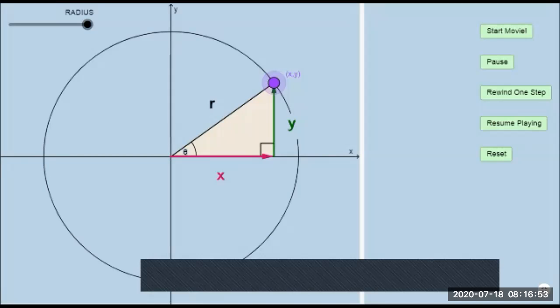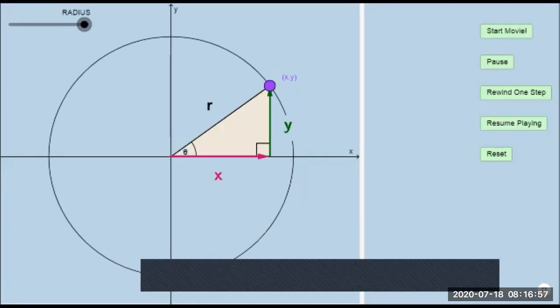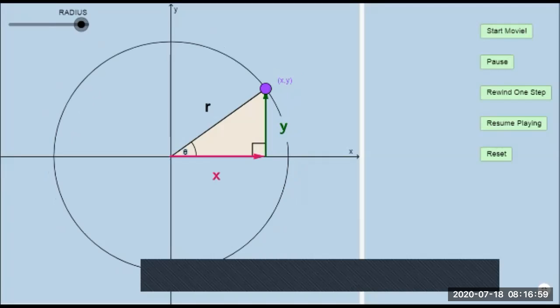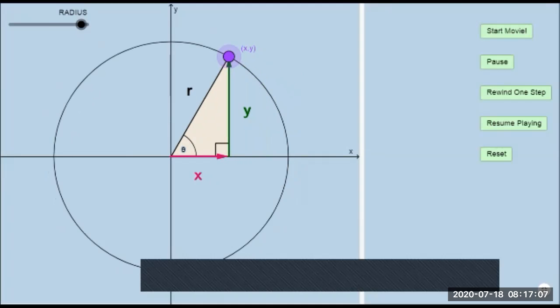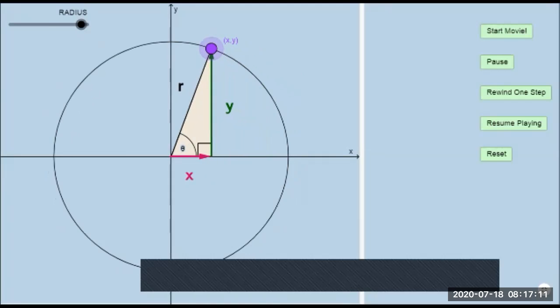Interesting thing, you see students, as I am increasing the angle, what's happening? The green arrow is increasing and the red arrow is decreasing.